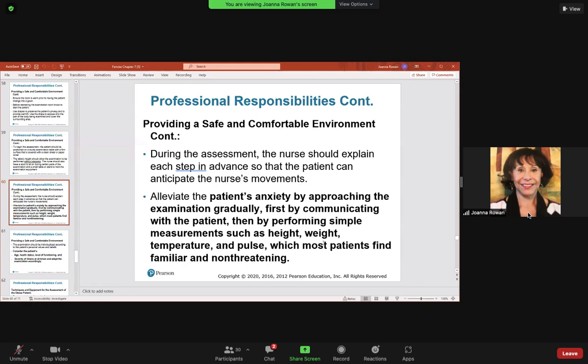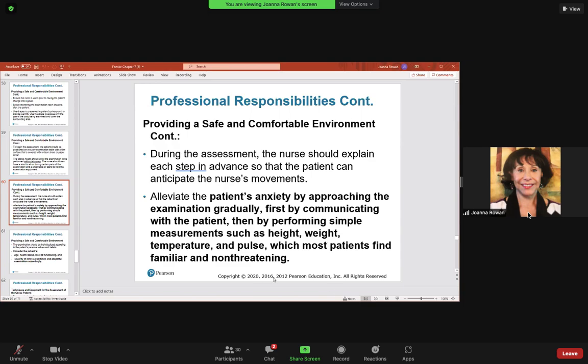By the way, most CNAs, their job is to do the vital signs. Your job as an RN, these nurses have to report any abnormal results if it is one of your patients, and it is your responsibility to confirm and recheck those results before you call the doctor.